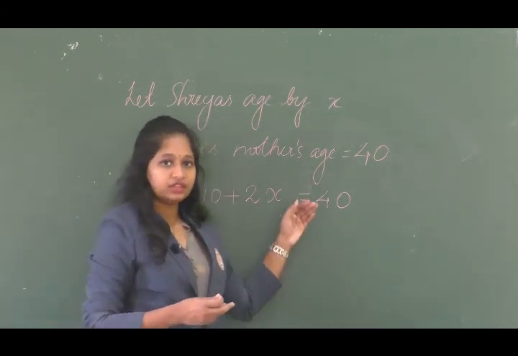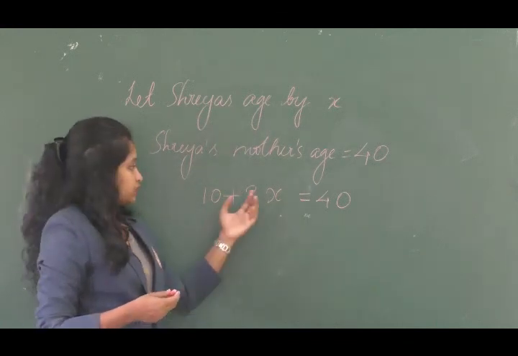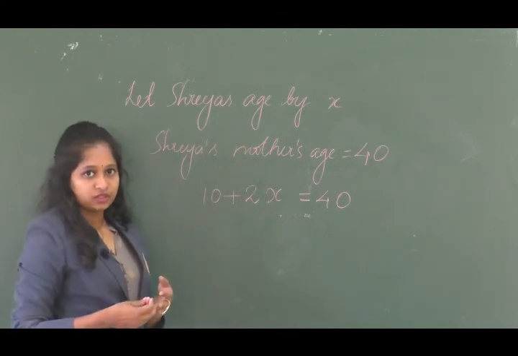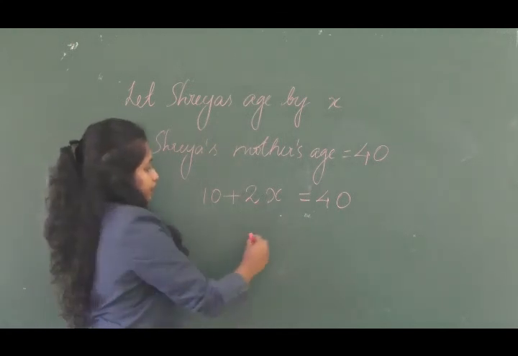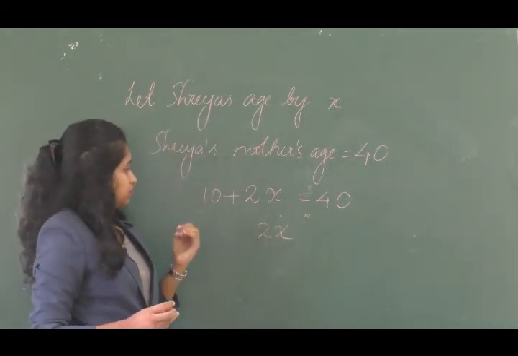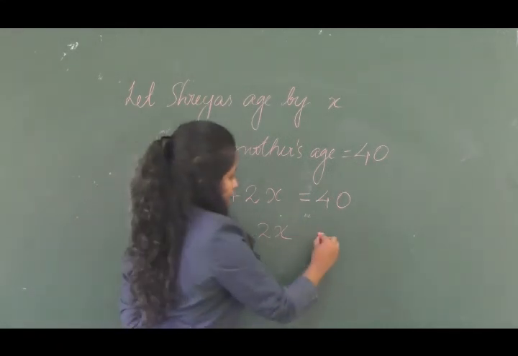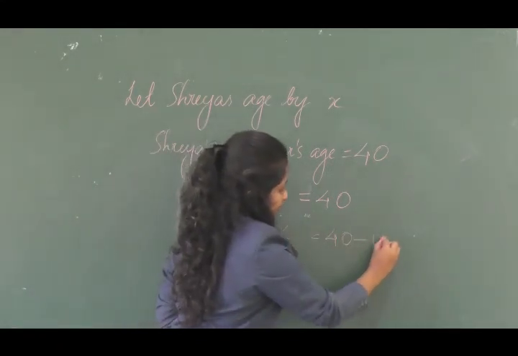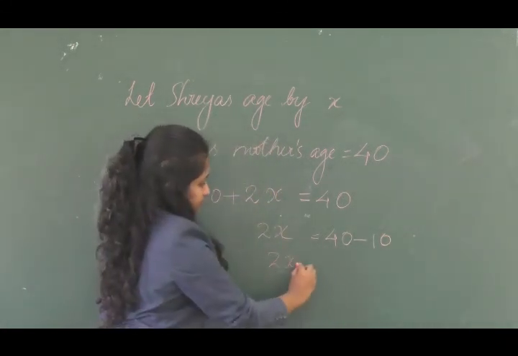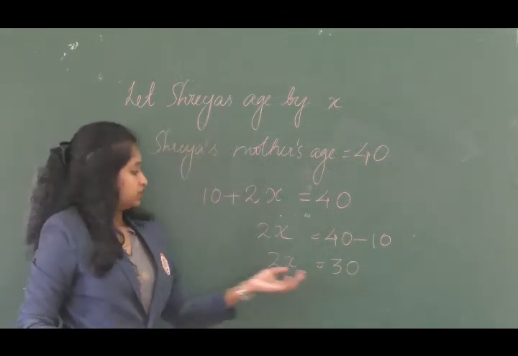Now let's find the value of x. What is x? Shreya's age. So using the transposing method, let's solve. Place the variable part here and take this 10 to the other side. So we have 40 minus 10, that is 30.